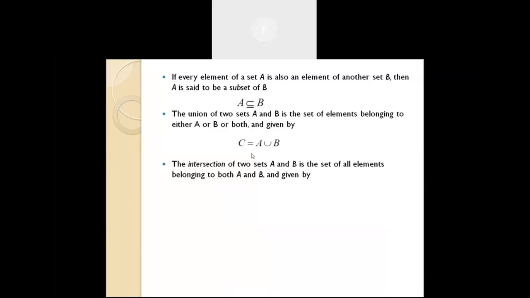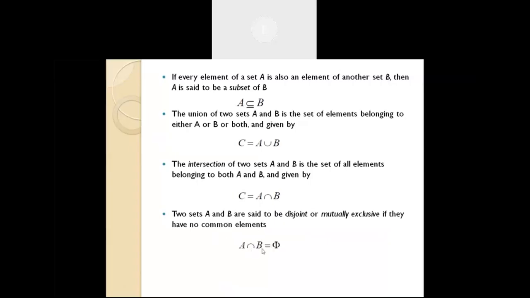Intersection of two sets is the set of elements belonging to both A and B, which is given by A intersection B. Two sets are said to be disjoint or mutually exclusive if they have no common elements, so A intersection B will be a null set.